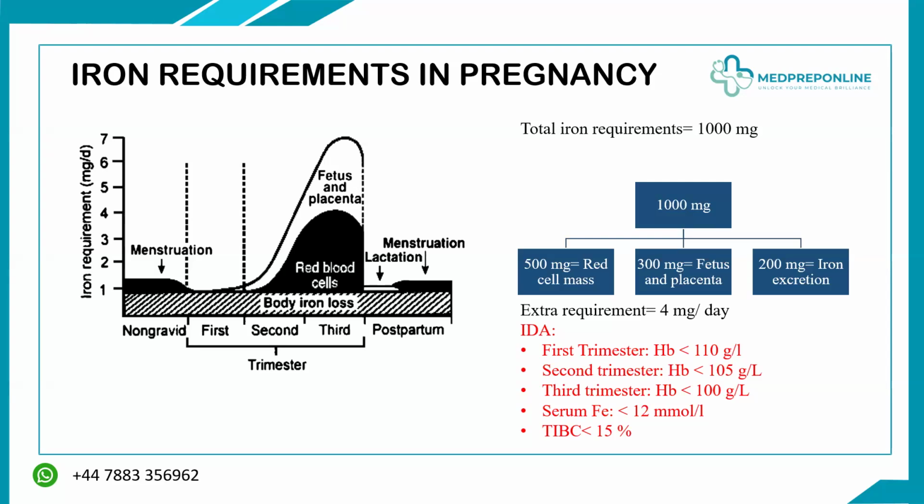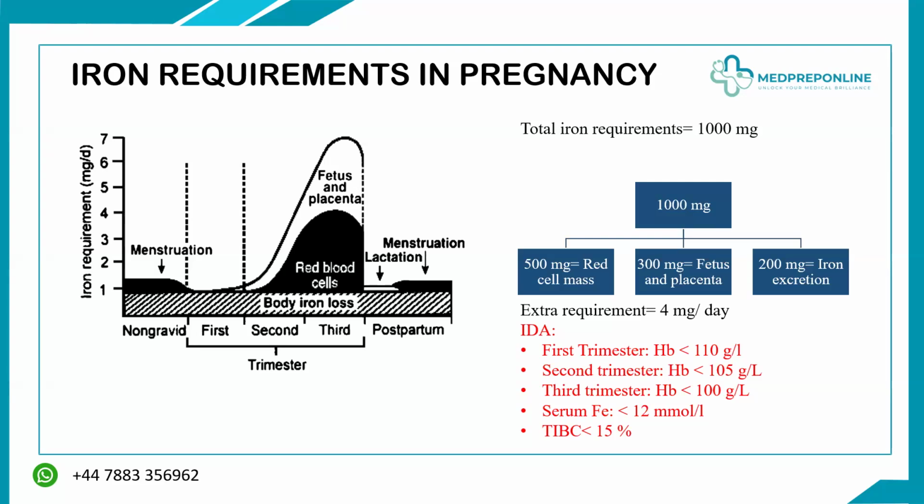So now coming to the important definition of anemia in pregnancy. Whatever parameters we see in a non-pregnant woman have to be modified in pregnancy because of the effect of physiological anemia. So in the first trimester, a hemoglobin of less than 110 grams per liter. In the second and third trimester, it is less than 105 grams per liter, but postpartum is less than 100 grams per liter, right?